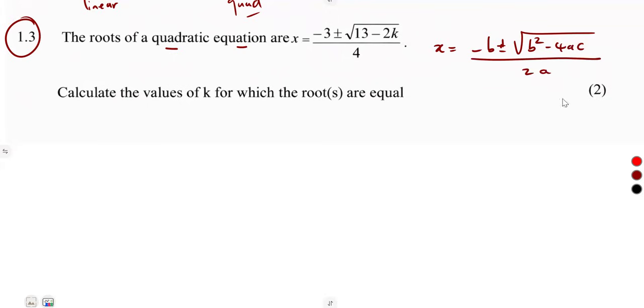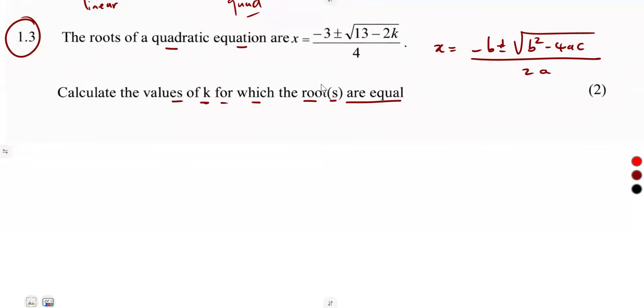This is from our quadratic formula. We expect to have something like this. Then we are told calculate the values of k for which the root or roots are equal.